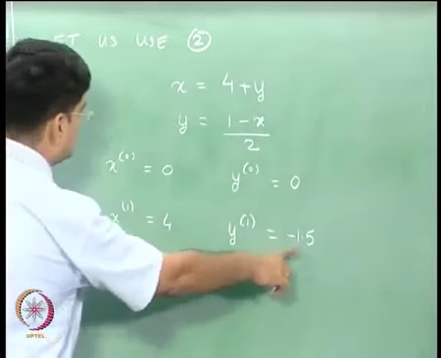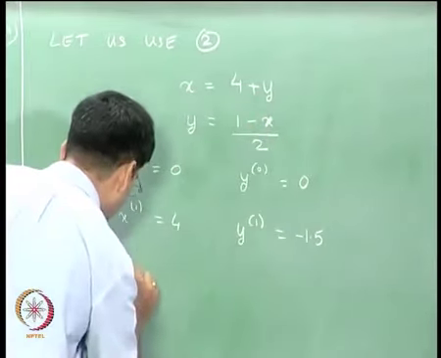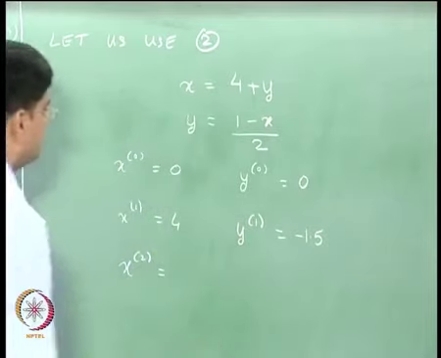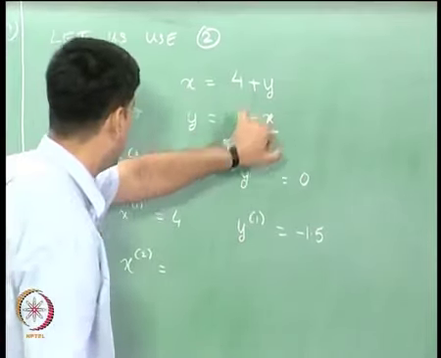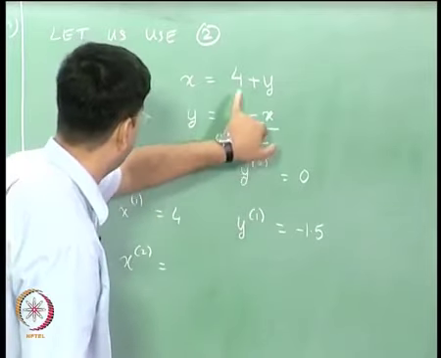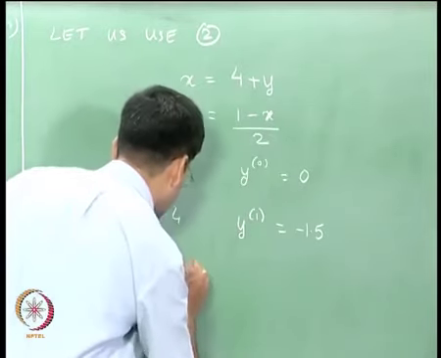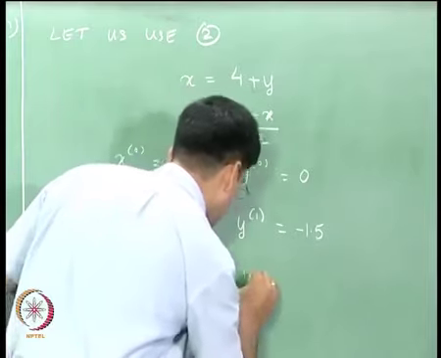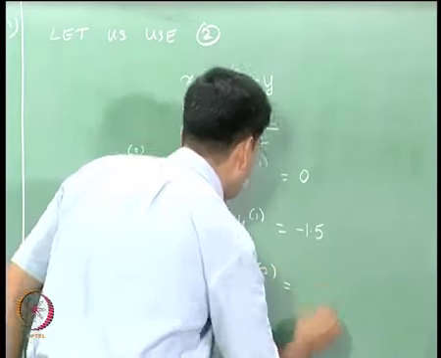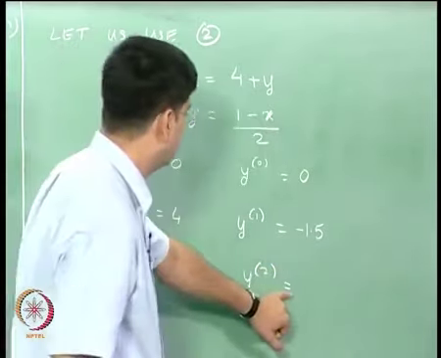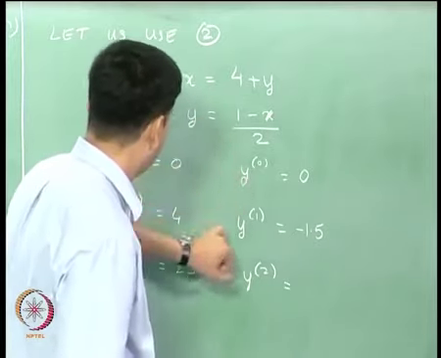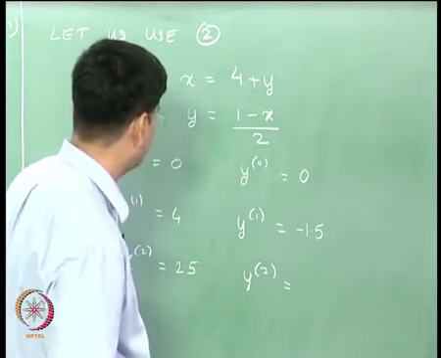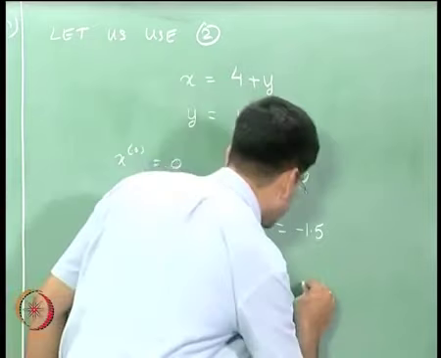Okay. Then we substitute minus 1.5 in this equation, and we will get x2 as nothing but 4 minus 1.5, that is 2.5, y2 is going to be nothing but 1 minus 2.5, that is minus 1.5 divided by 2, which is minus 0.75.